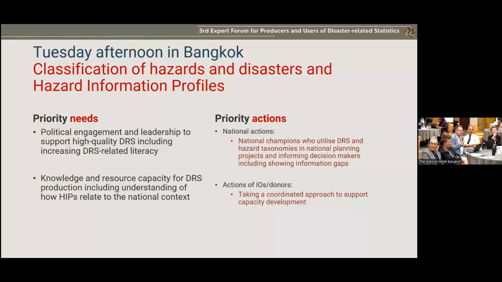Actually, the outcomes of this work also feed into an ongoing but soon to be closed project that we run together with the team from the UK Health Security Agency, where we would like to get feedback from the statistical experts and statistical perspective on these hazard information profiles, on the feasibility to implement them and so on, because this can help in the further refinement of the HIPs, in the description, in providing recommendations and so on.